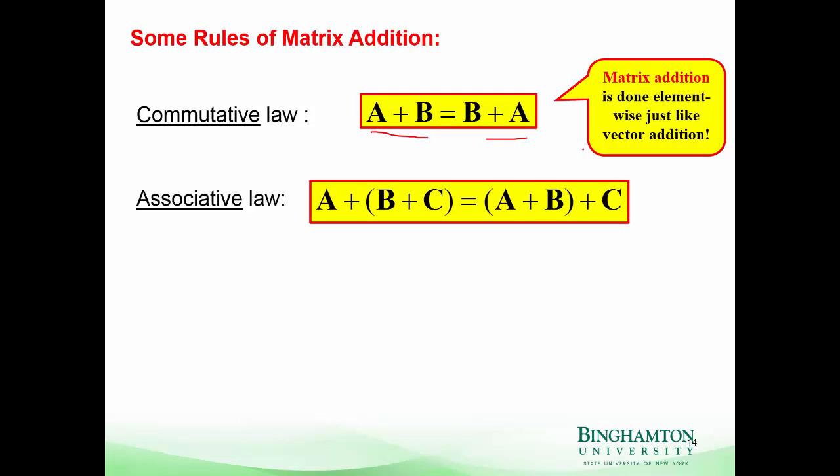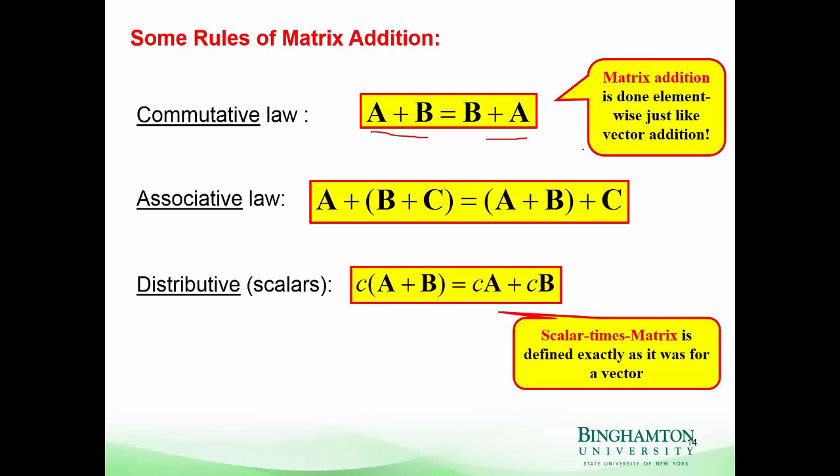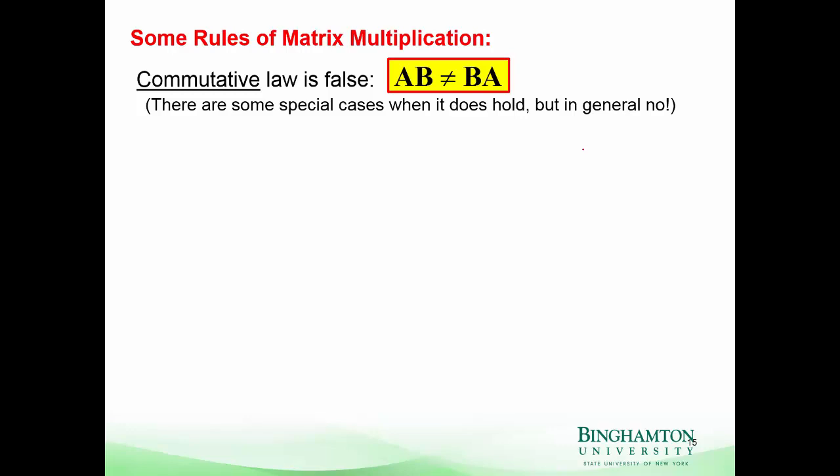You can add B and C first and then add A, or add A and B first and then add C, either way. And if we add A and B and then multiply by a scalar, it's the same as multiplying each by a scalar first and then adding them up. So when we're doing algebraic manipulations, these are rules that come in handy. But things start getting weird when we look at the rules for matrix multiplication.